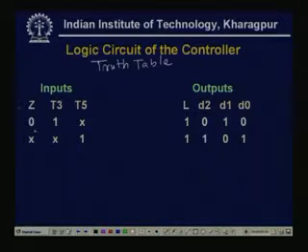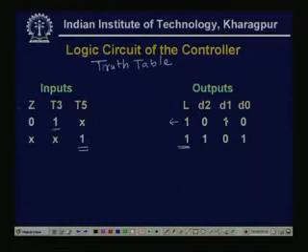Now, Z is 0, say if T3 equal to 1 and T5 we do not know, T3 we are seeing, then actually the output should be L equal to 1 and D2 D1 D0 is 0 1 0, just now we have seen. Now, if T5 equal to 1, then it should be in the same state. So, again L is equal to 1 and D2 D1 D0 is 1 0 1. So, in this way the input and output values, that means the truth table, will be computed.